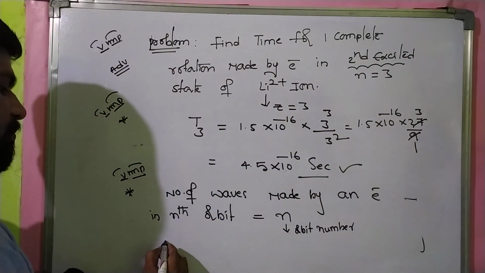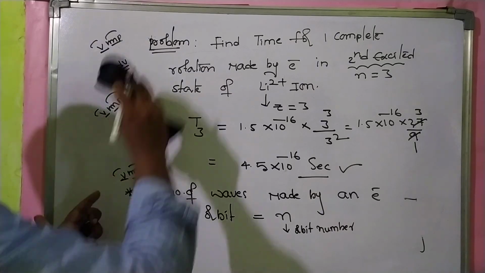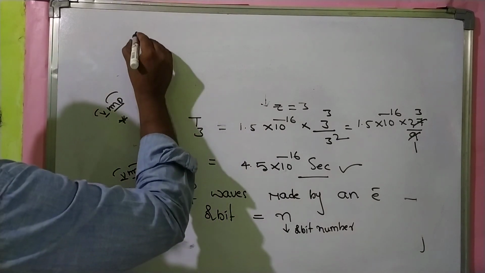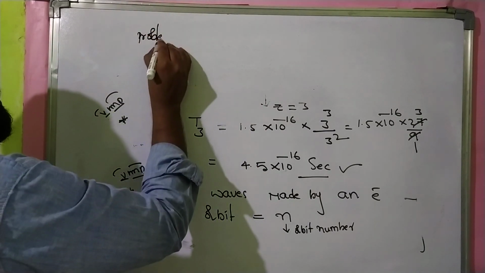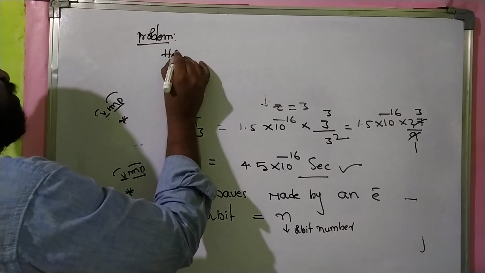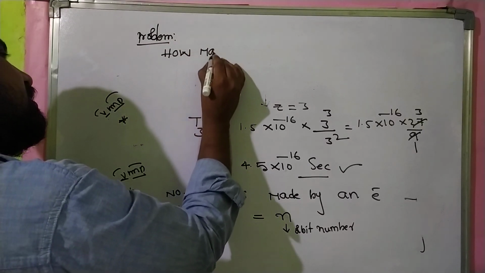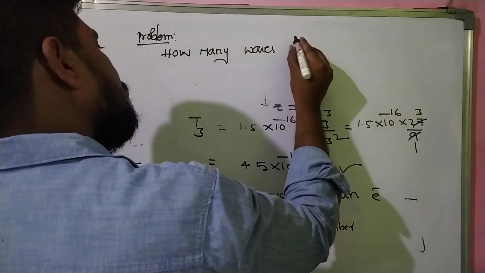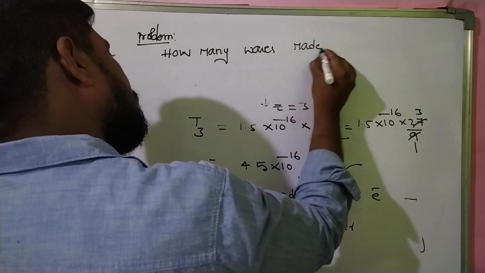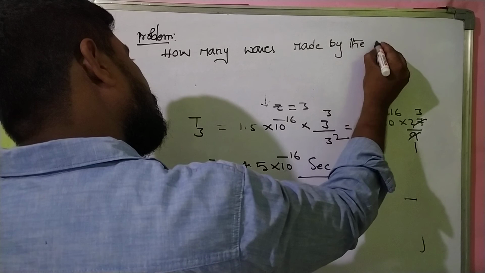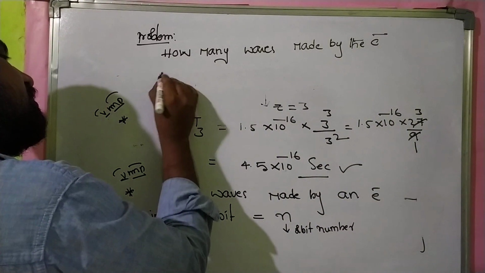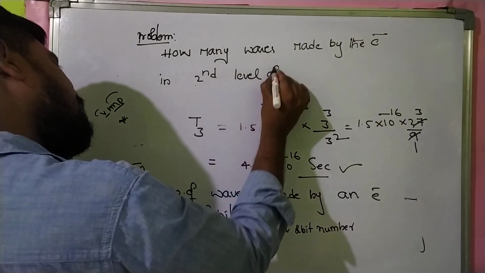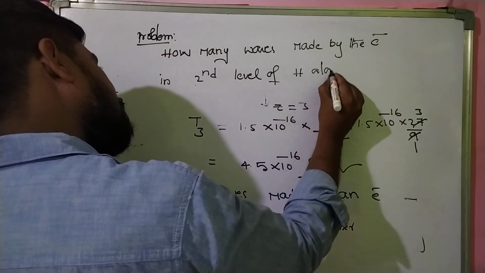So, a very important problem. Write the problem: how many waves are made by the electron in the second level of hydrogen atom?